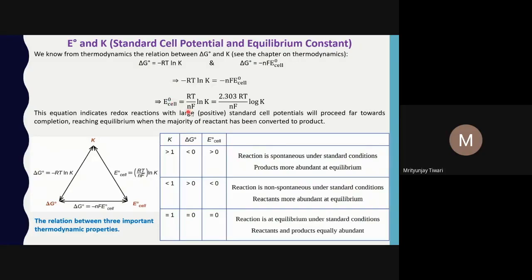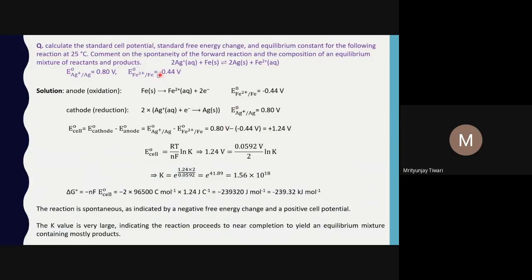So the entire quantity should be in volt. n is also a number, the number of electrons, a dimensionless quantity. So RT by F should have the unit volt.